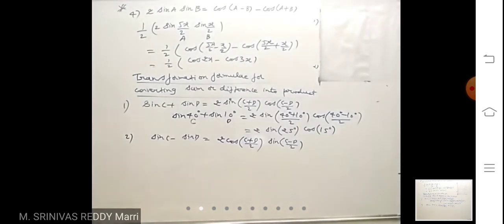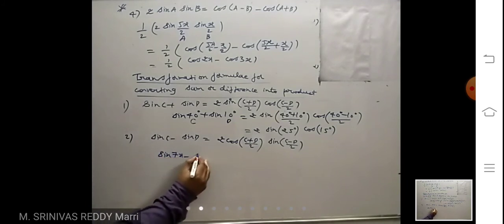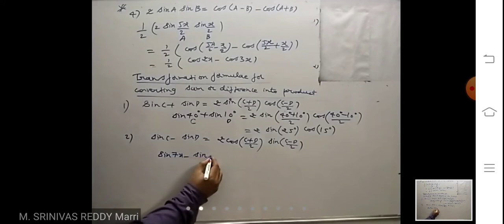That is the formula. Now look at sin C minus sin D is there. Let us take an example. Sin 7x minus sin 3x.